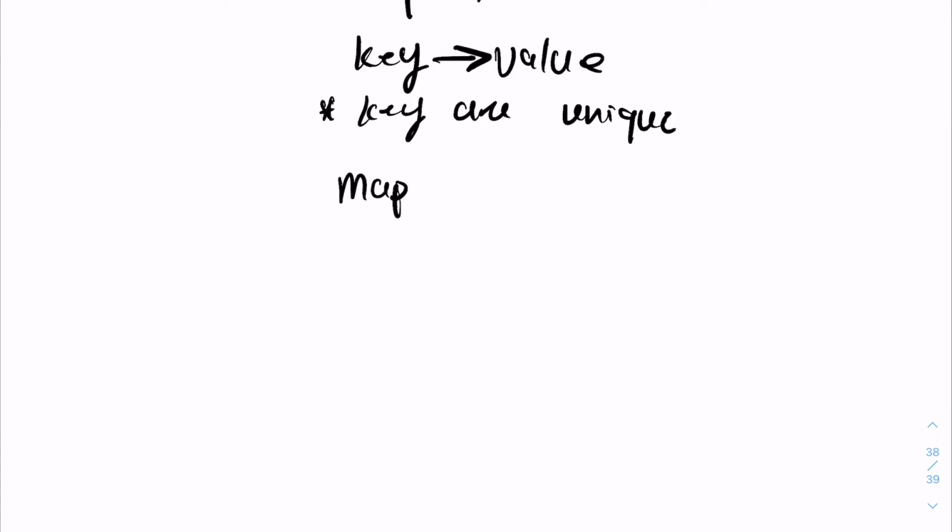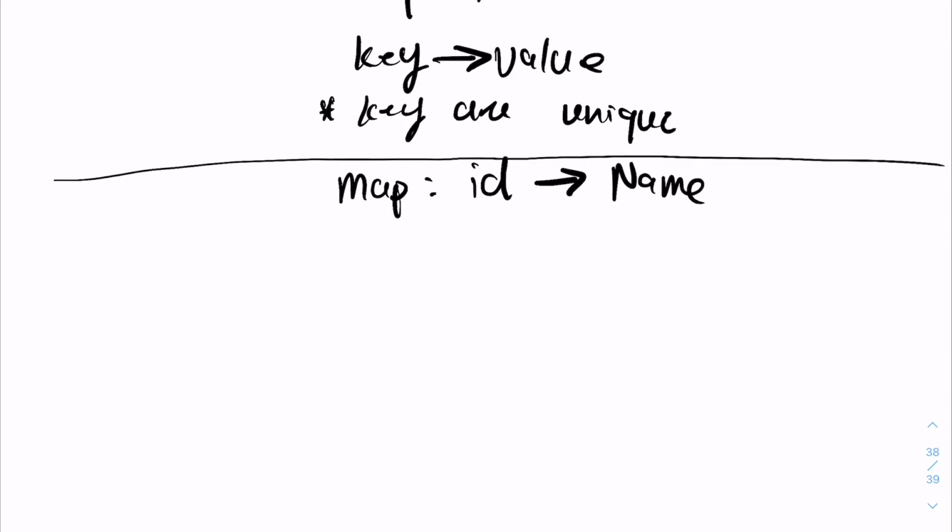So we could have a map of ID to a name, for instance. Imagine you're in a company and each employee has an ID, and the map could look like the ID 1 points to the name John, the ID 2 points to the name Alan.